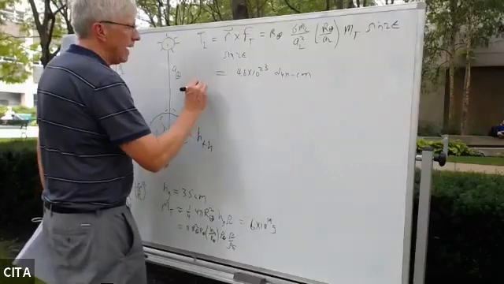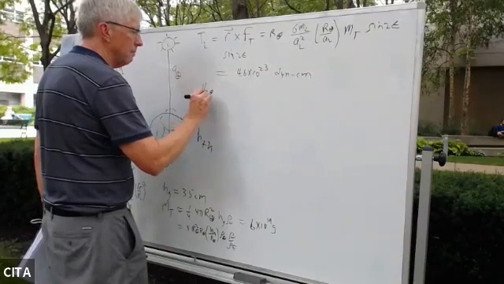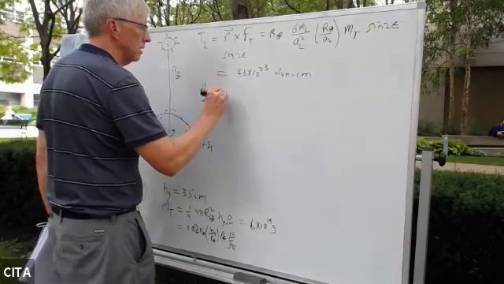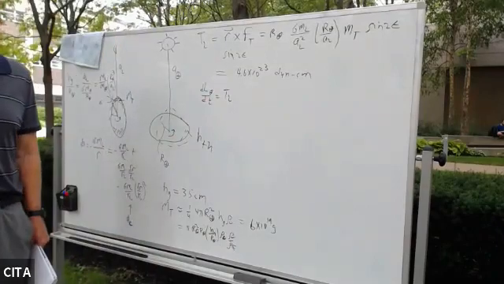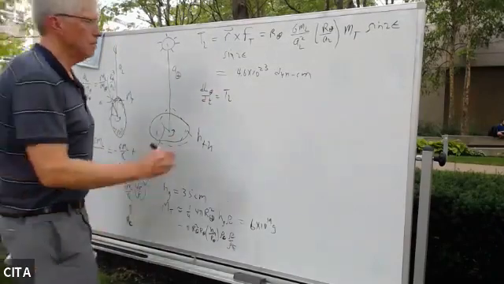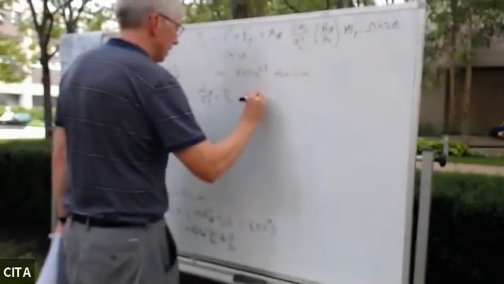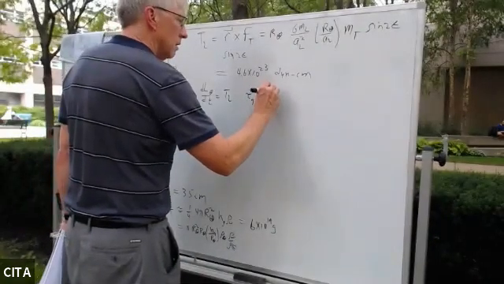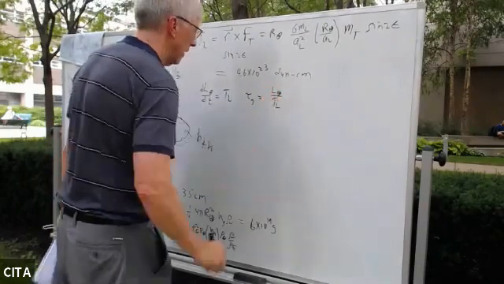Well, to do that, I'm going to say, well, we know that the angular momentum of the Earth changes with time as a result of this torque, like that, right? That's what a torque is. It's a rate of change of an angular momentum. So the time scale for the gravitational tide is going to be, okay?